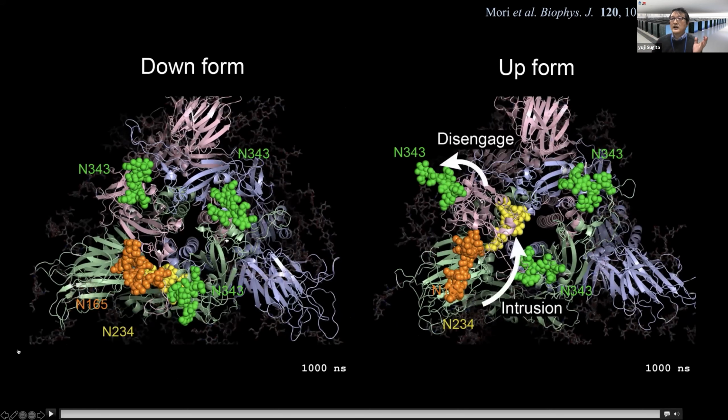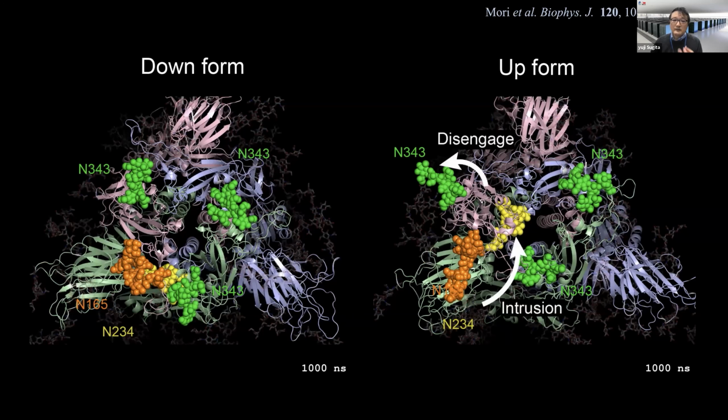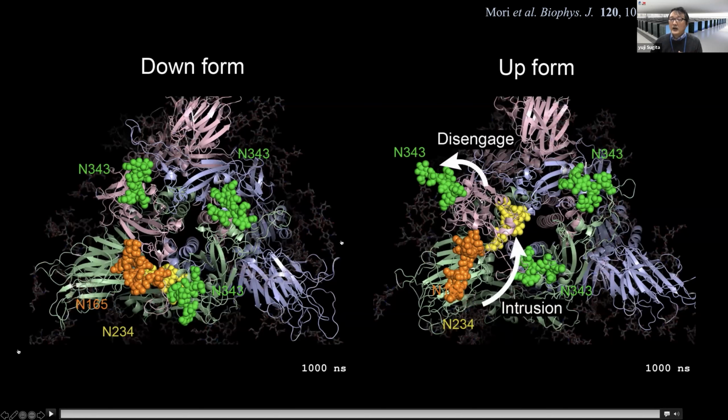From these simulations, we learned that three glycans are very important in either the down form or the up form. But unfortunately, using cryo-electron microscopy, we cannot visualize such flexible glycan structures. So we performed MD simulation with glycans. MD can add additional information on SARS-CoV-2. So this is one example.